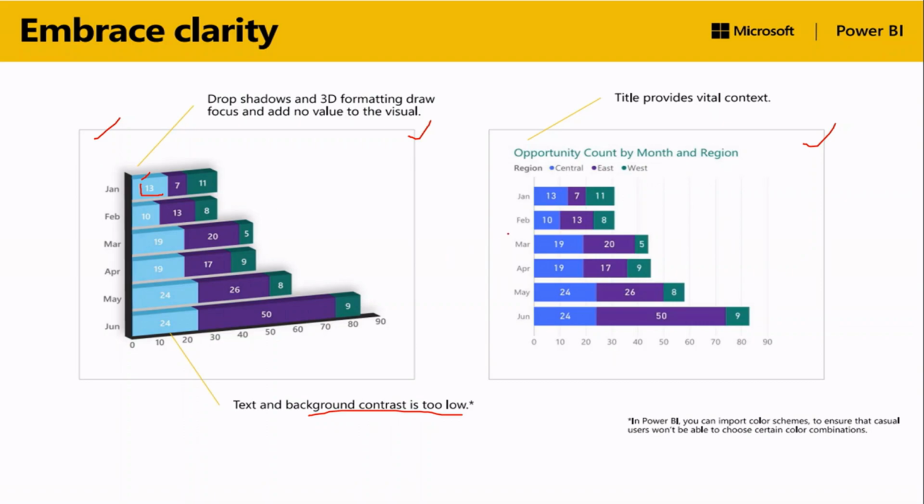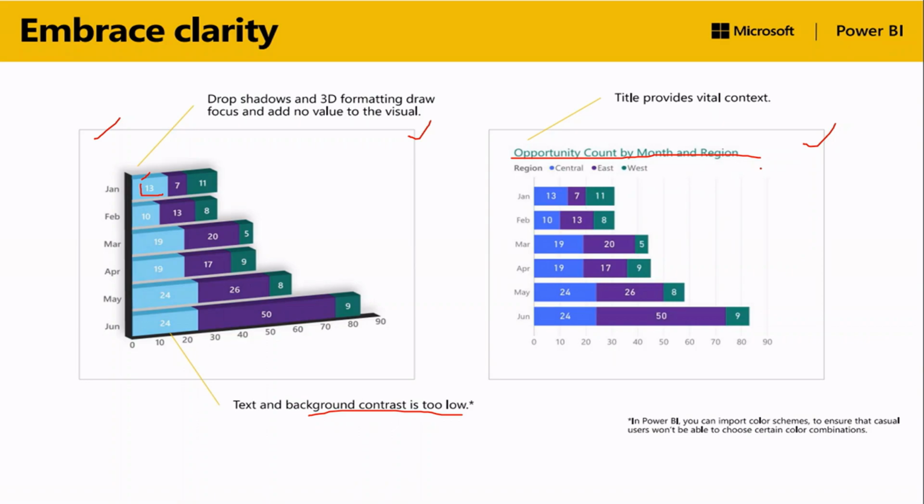So it's better to have a normal looking chart, and make sure the font color and the background color don't mix with each other. The numbers should stand out. Unless you have a valid reason or proper justification for making it 3D, please do not do so. Also, having a proper title on each chart makes it a valid chart.